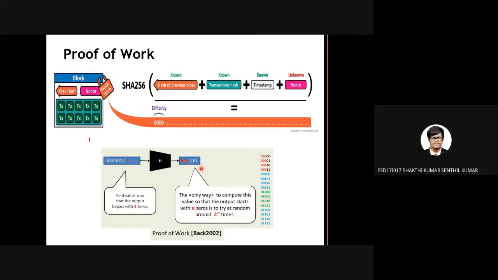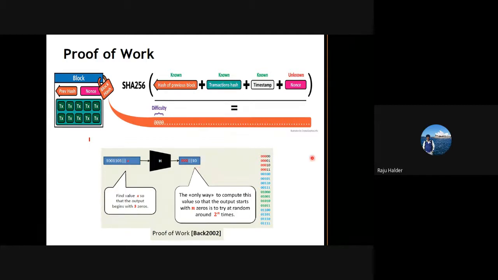There is a high chance that you will get 2 zeros, but less chance that you will get 3 zeros because you have fewer options. For 2 zeros, you have more options. So having 2 zeros is less difficult. Having 3 zeros is more difficult. Therefore, how many zeros you have to obtain, the network will decide every 2 weeks.